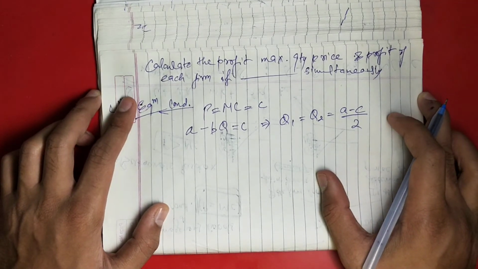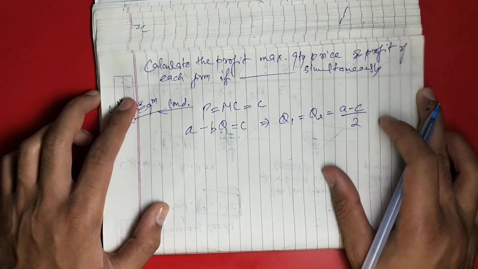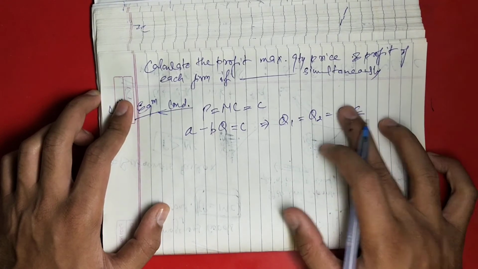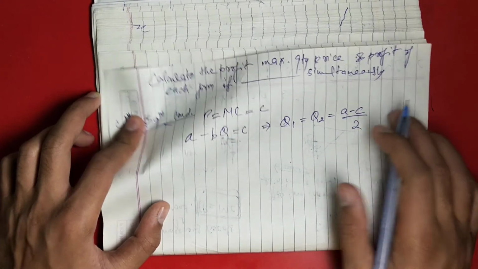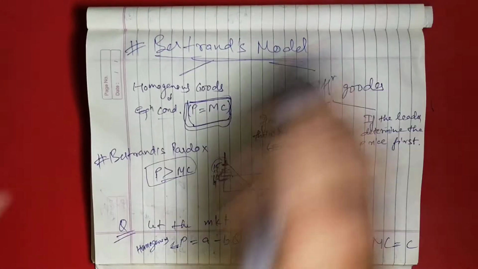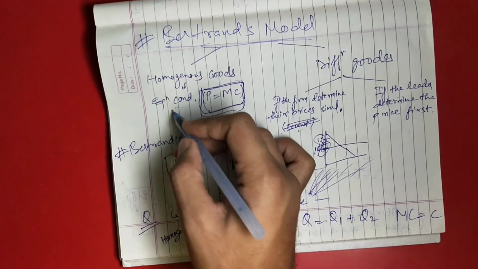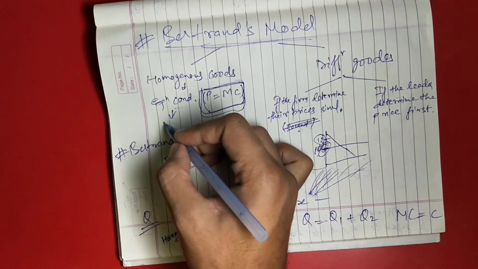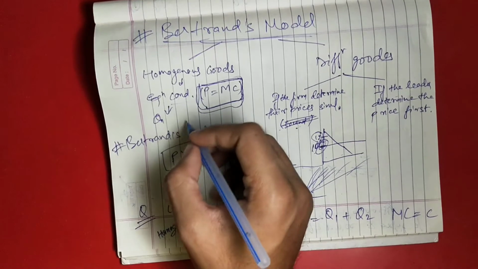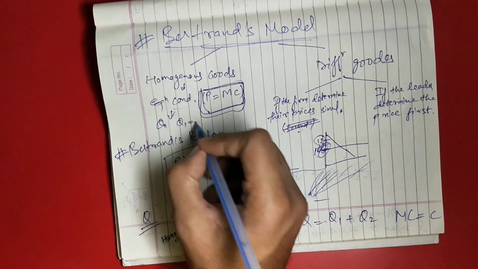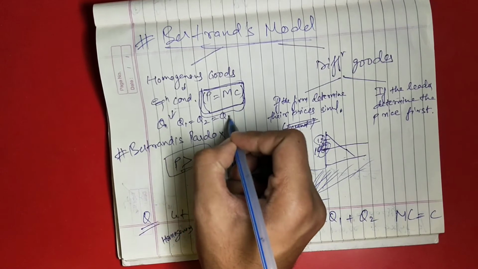Since they are selling a homogeneous product, they will sell the quantity in half. It will always come half, because in a homogeneous product, let's say the total quantity is Qn and there are two firms, so Q1 is equal to Q2 is equal to Qn by 2.